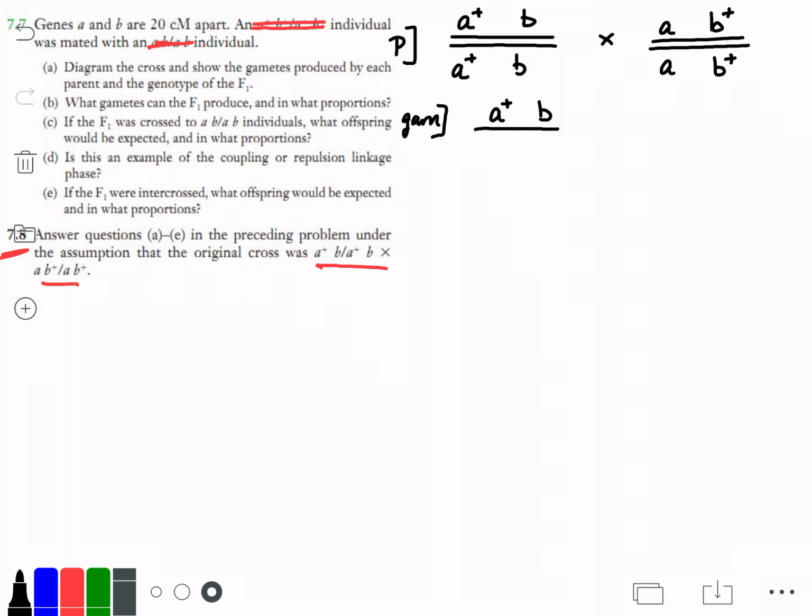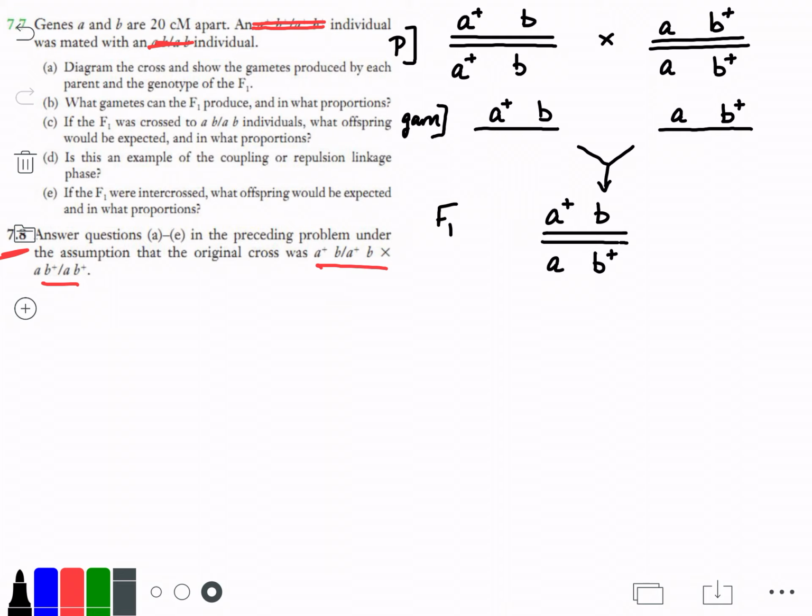It doesn't matter if we have crossing over or not in meiosis, they only have that information to pass on. And similarly, the second parent only has that information to pass on. When those combine to give us the F1 organism, we will have A plus B on one chromosome and A, B plus on the other chromosome.